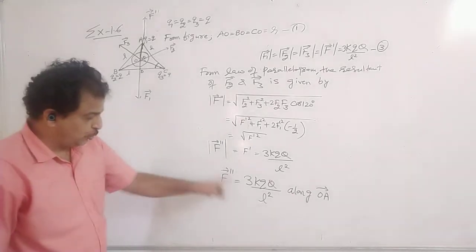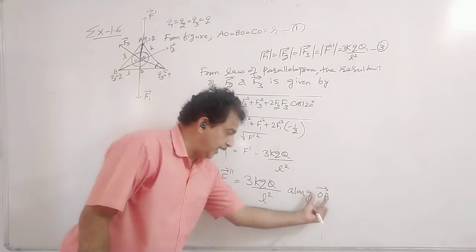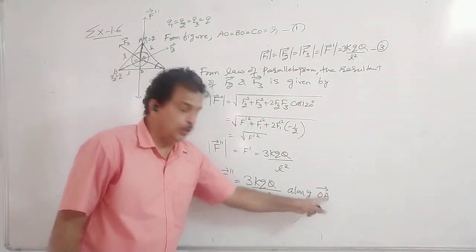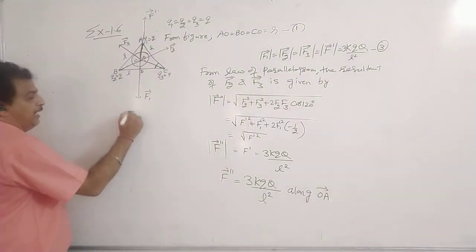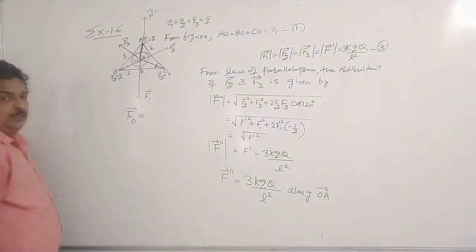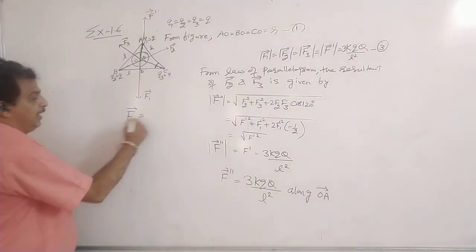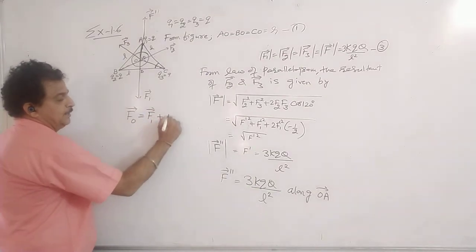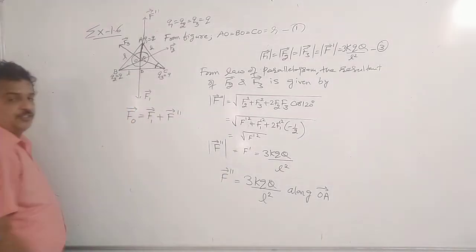Now if I take the direction OA as r cap, if I denote O to A as r cap, what does this equation turn out to be? Now F naught, that was our previous equation, the resultant which we have to find, is equal to F1 plus, now the resultant of 2 and 3 is denoted by F double dash.